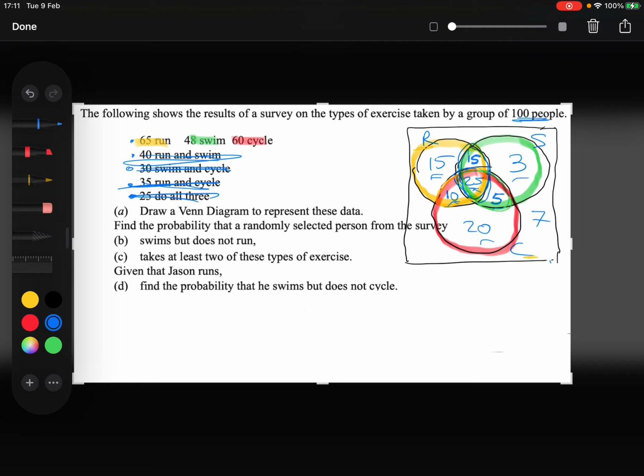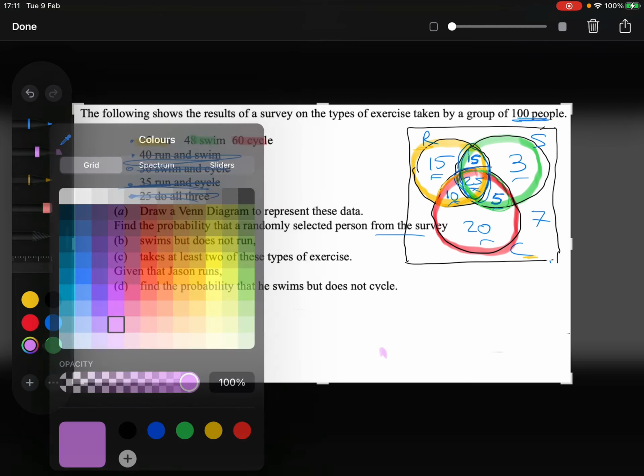Anyway, so that's part A done. We've filled in our Venn diagram with all the missing information. Now, part B, find the probability that a randomly selected person from the survey, so that's all 100 people, swims but does not run. So we need to look for the swimming but does not run category.